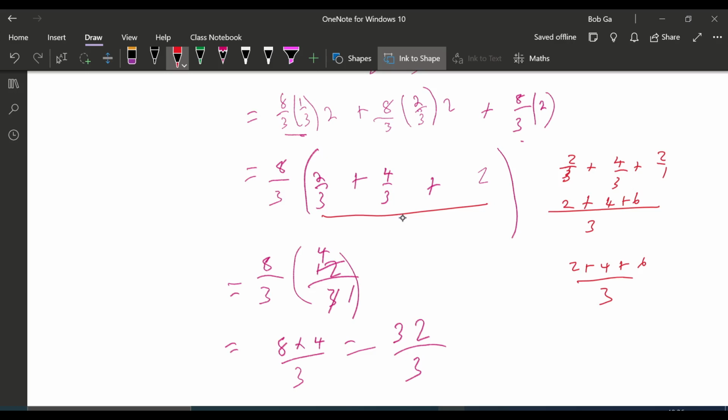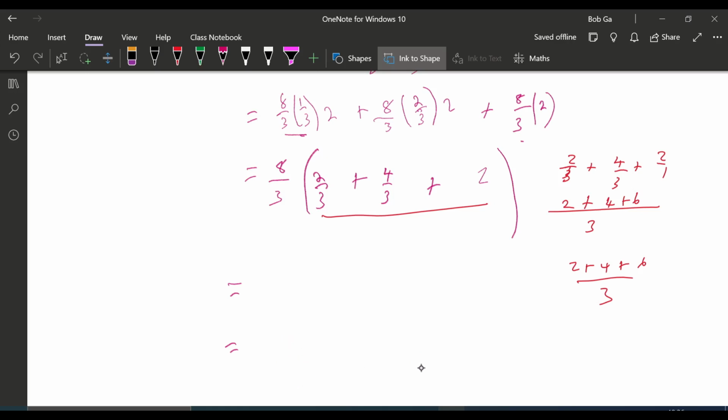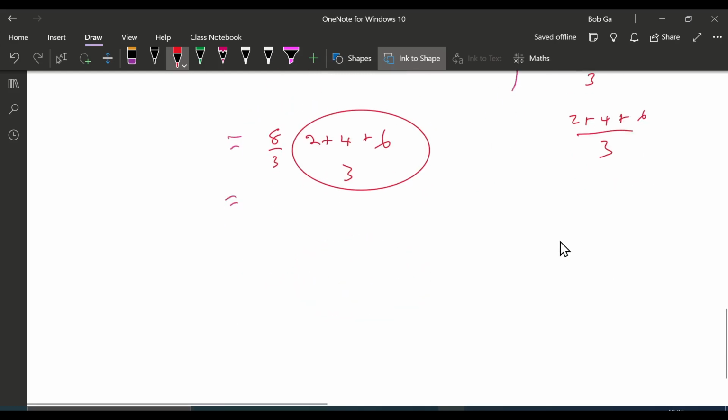So we sum all this one here, we got 8 over 3 into 2 plus 4 plus 6, all over 3. That's what we got there when adding all the fractions.